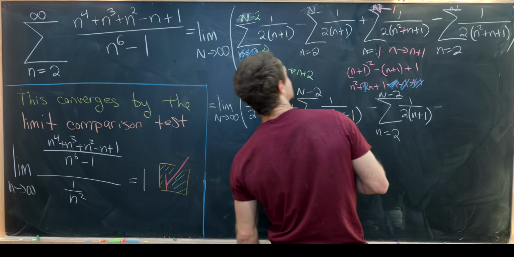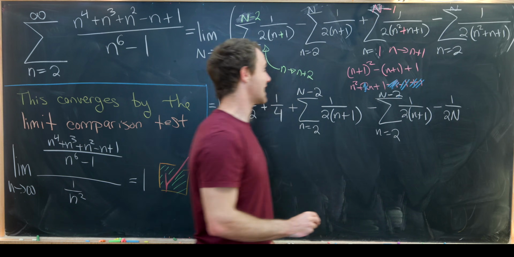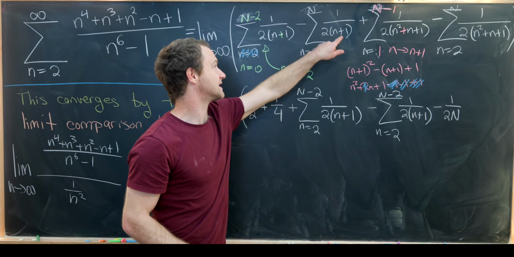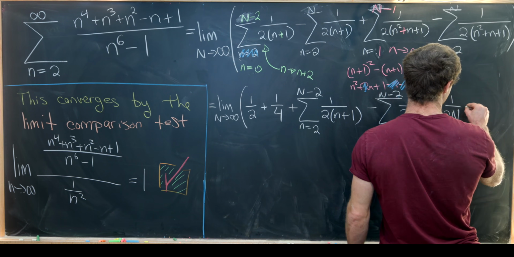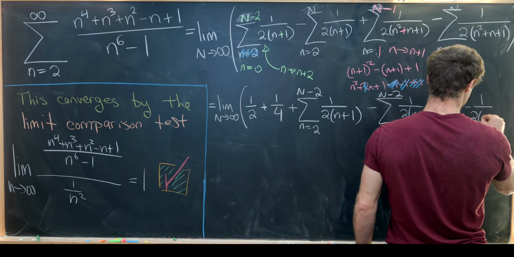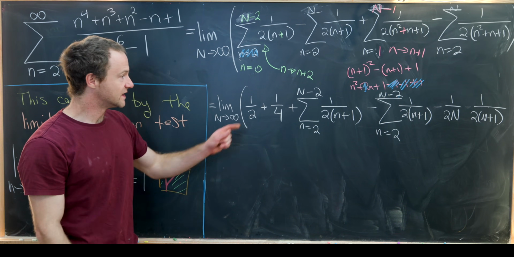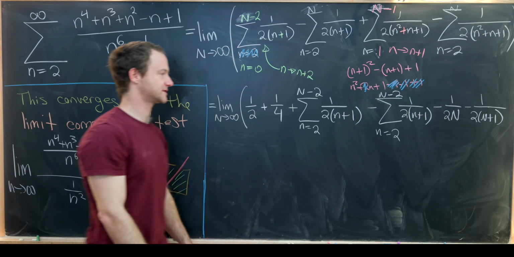So the N minus first term will be 1 over 2 times capital N, because capital N minus 1 plus 1 is capital N. And then also we'll have minus 1 over 2 times (capital N plus 1). Okay, so this entire line is just coming from these two sums.